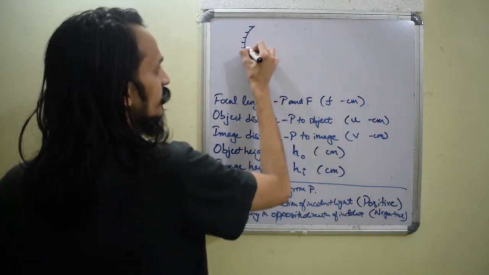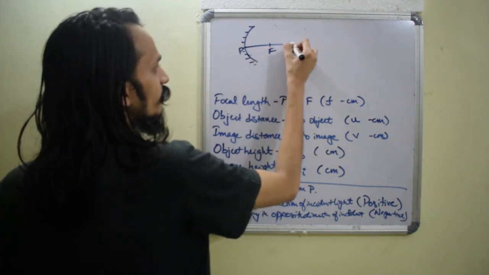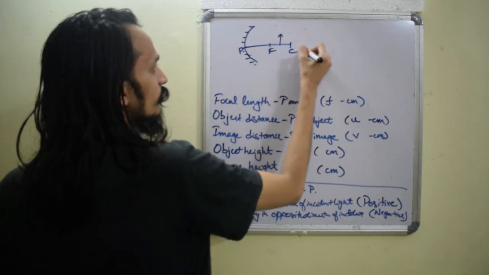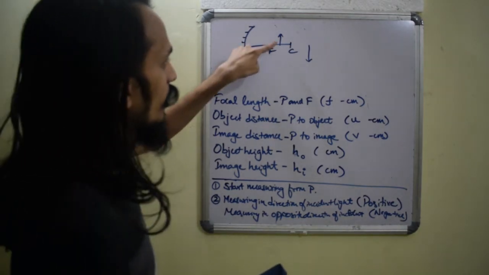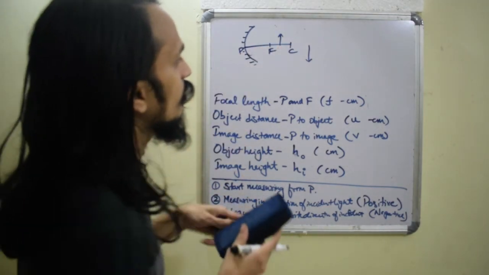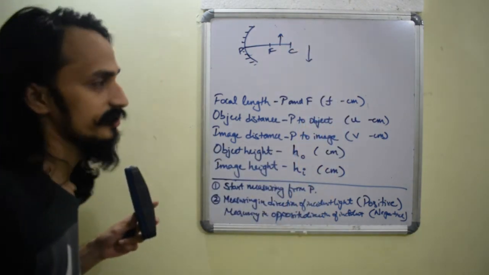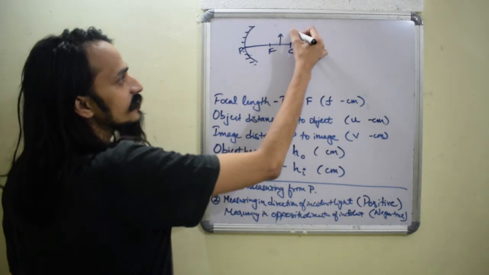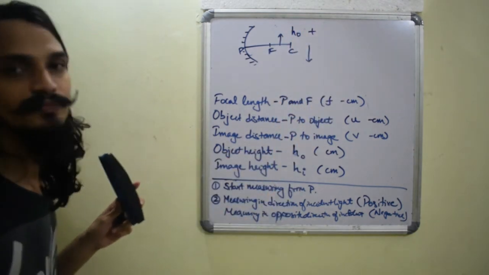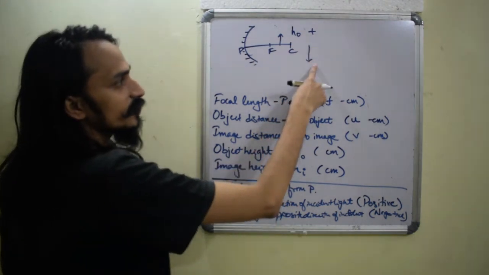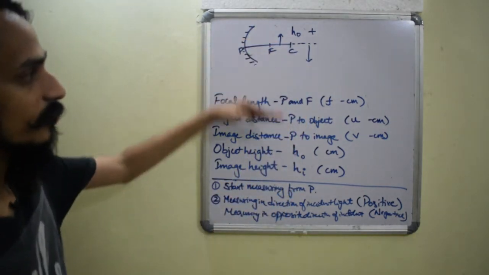Since the diagram was a little dirty, I have cleaned it up. Okay, P, F, C, right, object, image. Now this object is above the axis, right? So if I am measuring above the axis, I will say height of object over here is going to be positive. For the image, it is below the axis, right? This is the axis, the image is below. I am measuring on the bottom side.